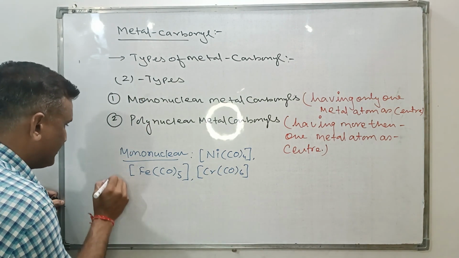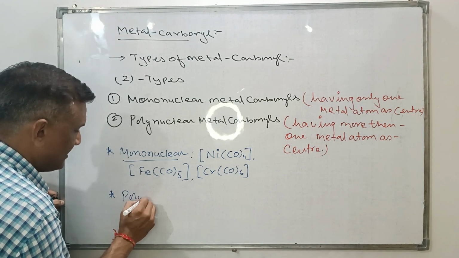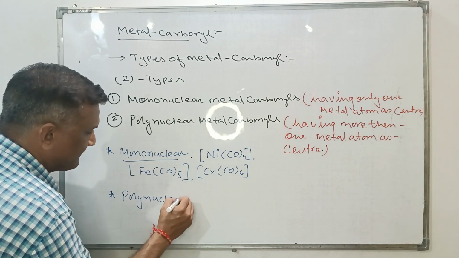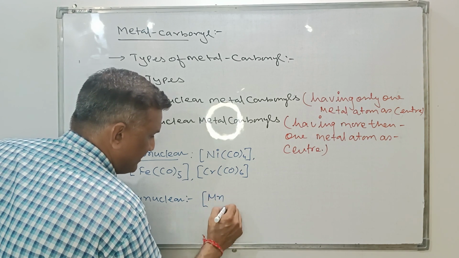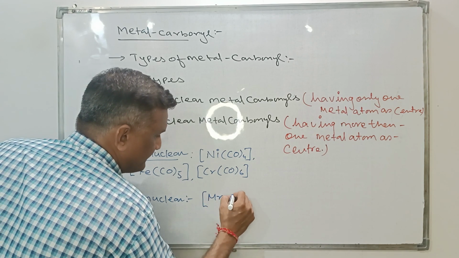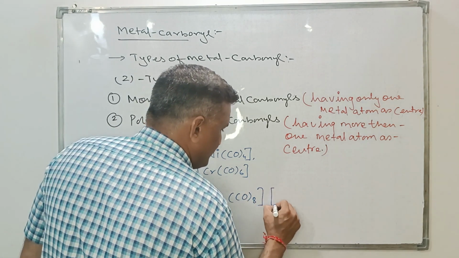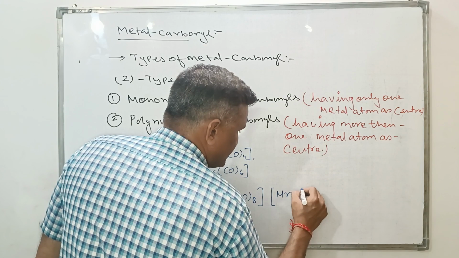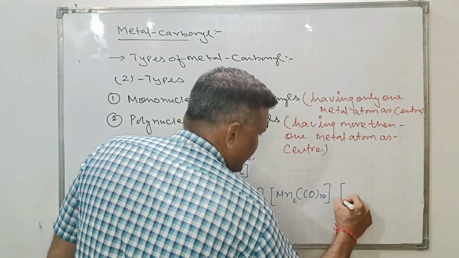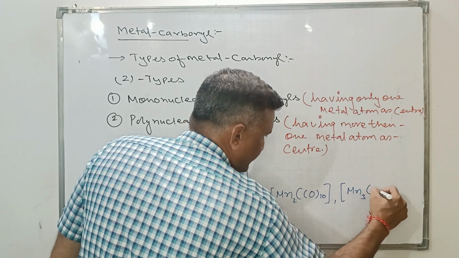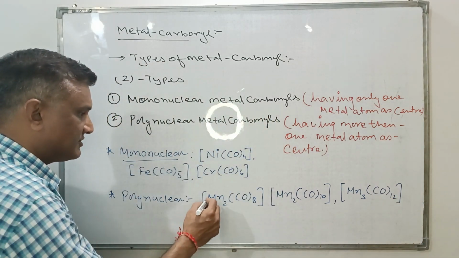And as polynuclear, or multinuclear, we can take the example of Mn2(CO)8, Mn2(CO)10, and Mn3(CO)12.